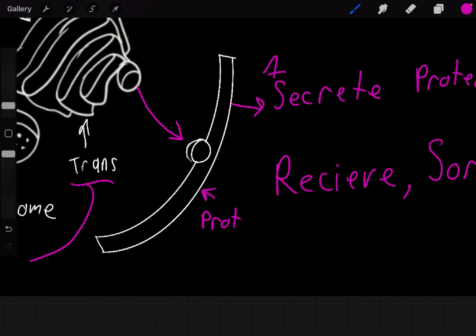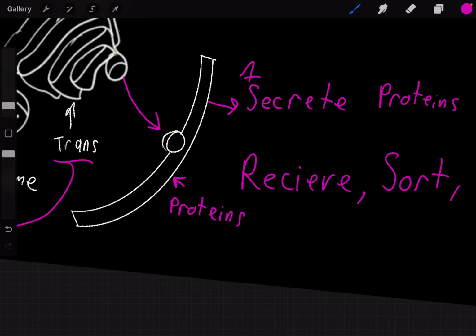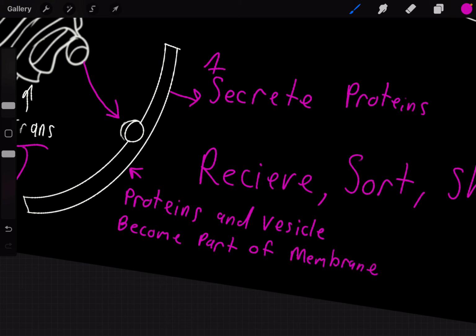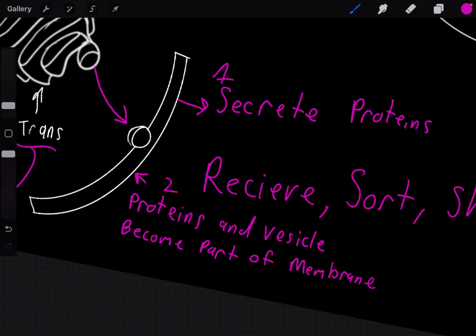Proteins and vesicle become part of the membrane, and that'd be two.